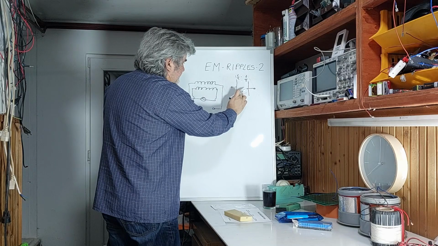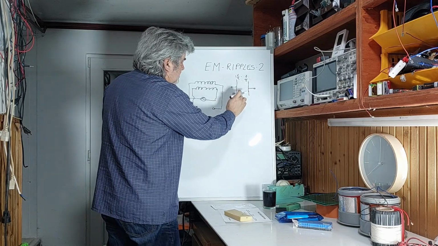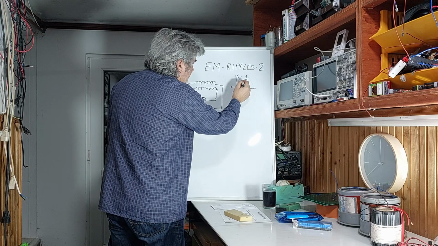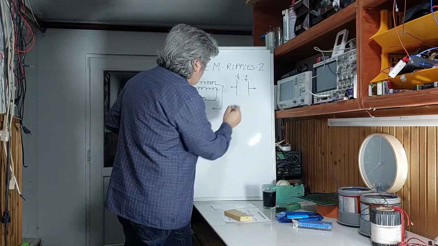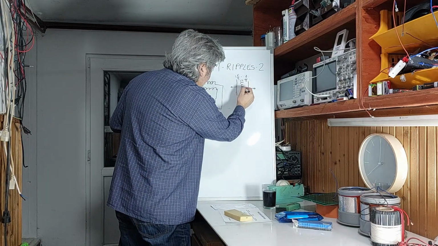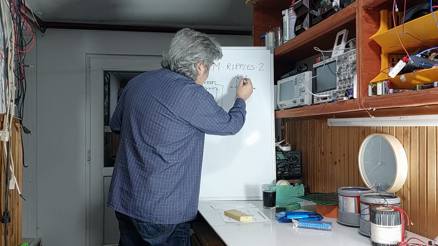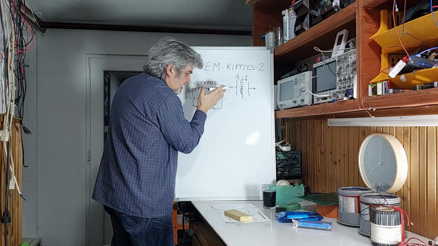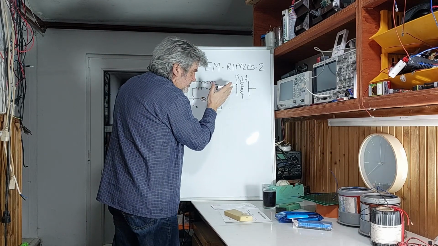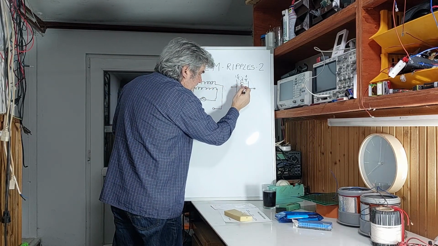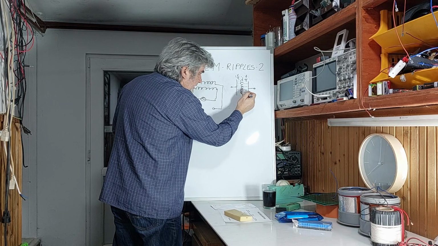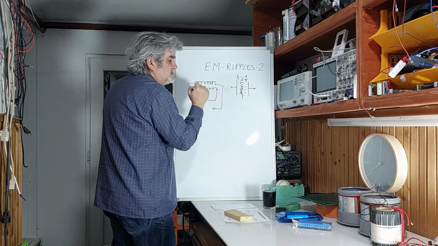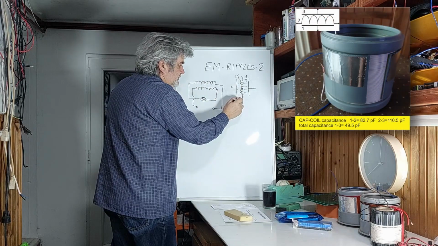Now imagine that this plate we replace with a flat coil. So that coil will be stressed by the E field here, but there will be a voltage difference here as well.